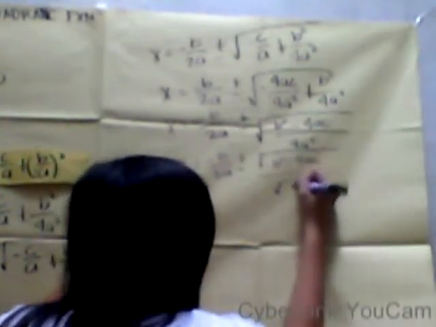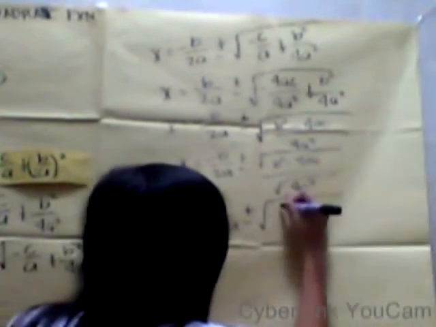x is equal to negative b over 2a plus or minus the square root of b squared minus 4ac over the square root of 4a squared.